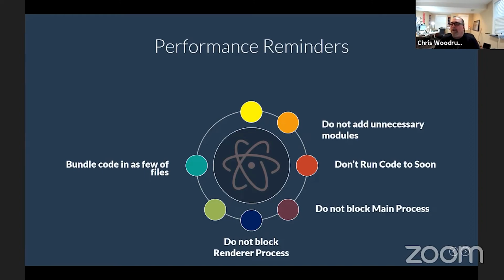If you can get away with just a render.js, and you can keep all your code in one file for that window that you're running, Electron will run more performant because of that.